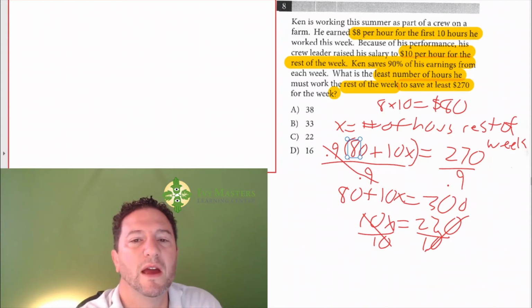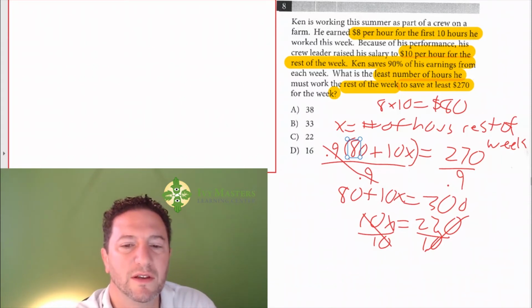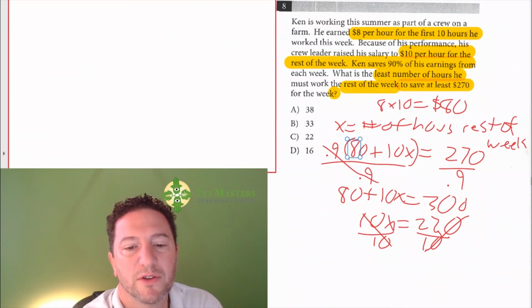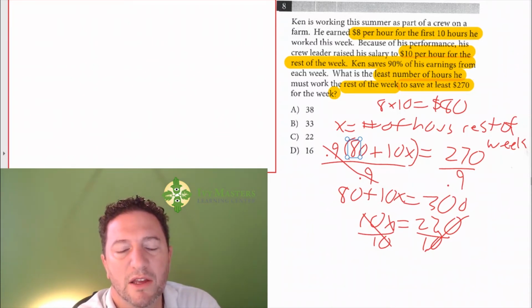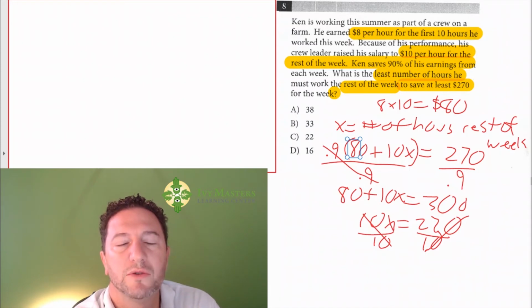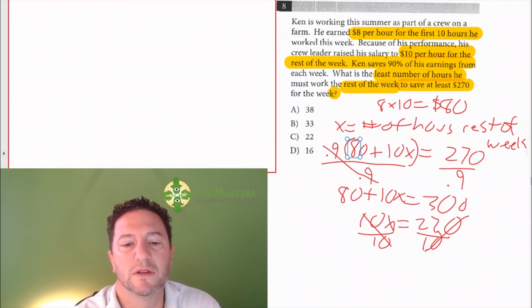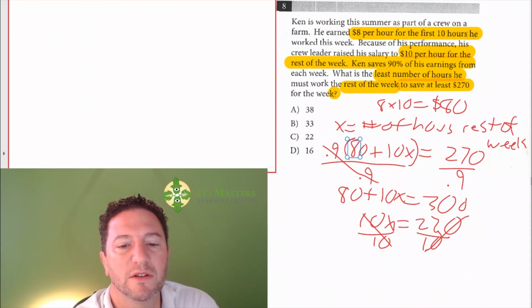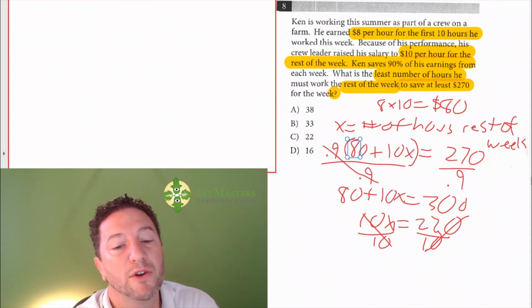So how do you do this using your answer choices? Here's a little bit of a strategy. Now let's say you were looking at the 33. When you use your answer choices, you always want to start with one of the middle answer choices, because then you have a 50-50 chance of being correct. Let's say I test out 33. Either it's right, and that's a 1 in 4 chance of it being right.